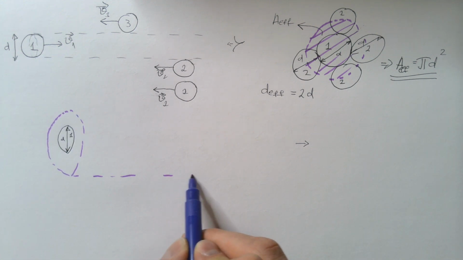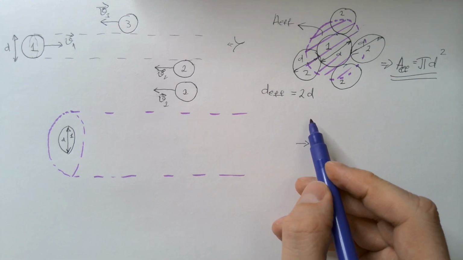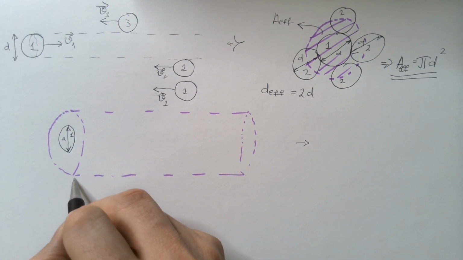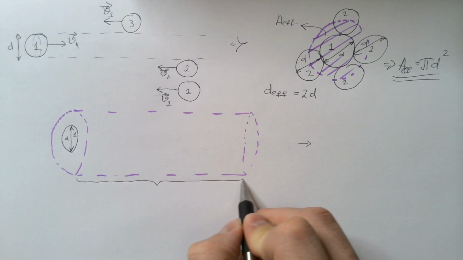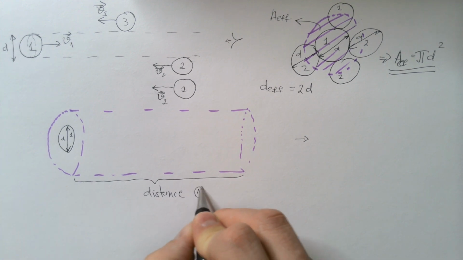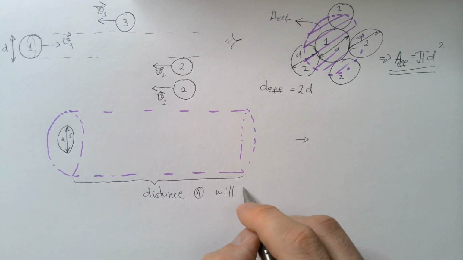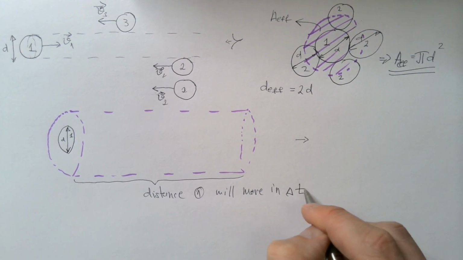That means it will sweep this volume like so. This over here is the distance that atom 1 will cover in some time delta t.